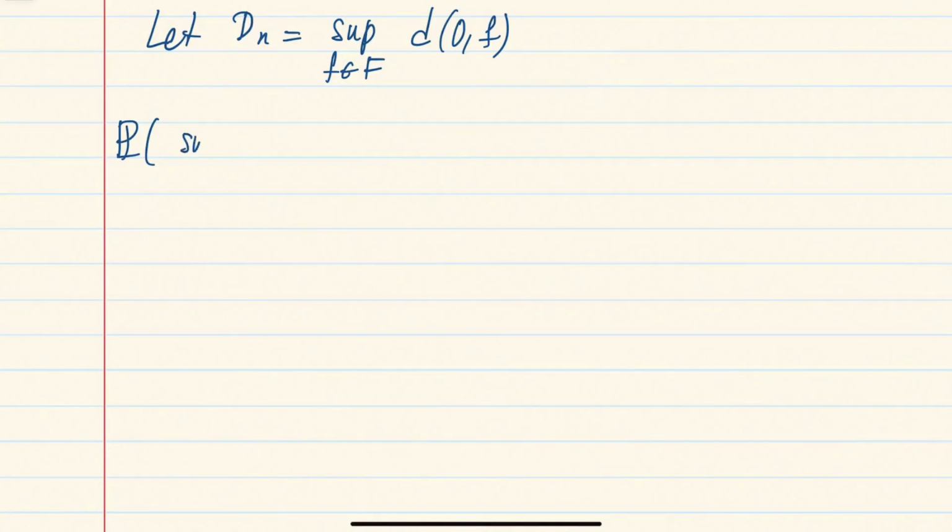But here I'm going to take supremum over all f in our class of the Rademacher process. So as a result, we'll also get a supremum in the upper bound.